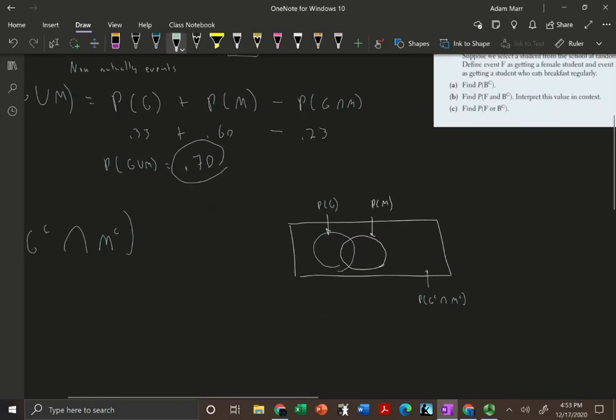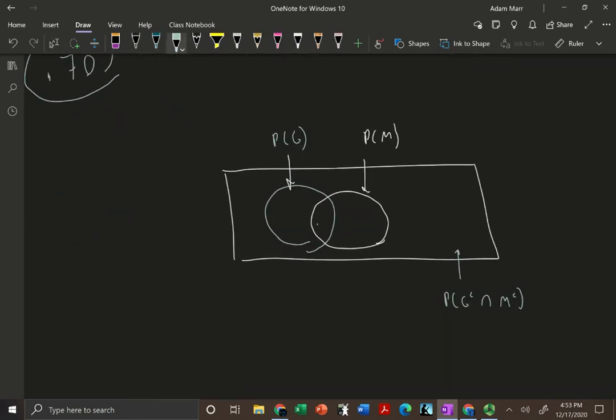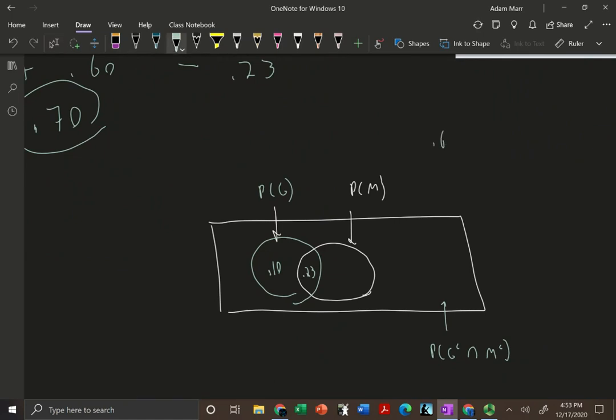So grad, we already said, is 0.33. Mac is 0.60. Remember, start in the middle first. That's 0.23. All right, so if grad is in total 0.33, that means this leftover is going to be 0.10. And if Mac in total is 0.60, we know that 0.60 minus 0.23 is going to be 0.37.